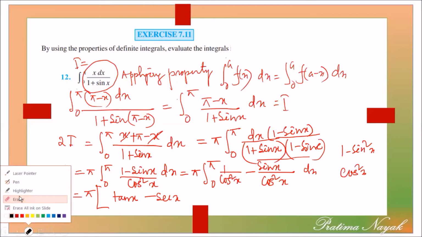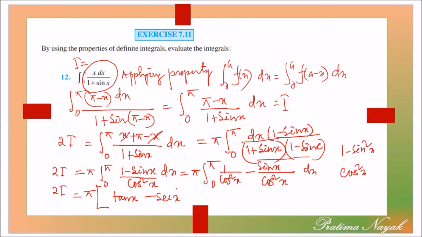So from 0 to pi. Now put the values. Tan pi is 0 minus tan 0 is also 0. Sec pi is minus 1 and sec 0 is 1.